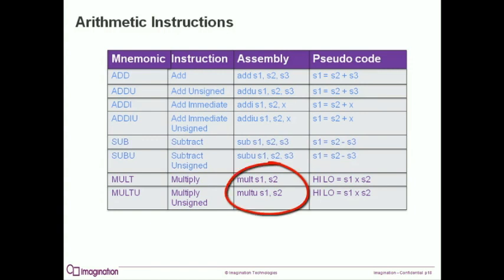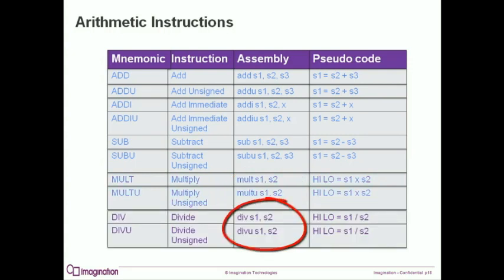The multiply instruction multiplies the values in two registers and places the results in the high and low registers. The divide instruction divides the values in the two registers and places the results in the high and low registers. One thing to note, what I am describing here are actual machine instructions.